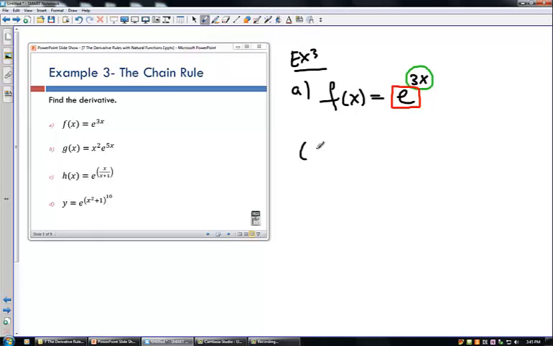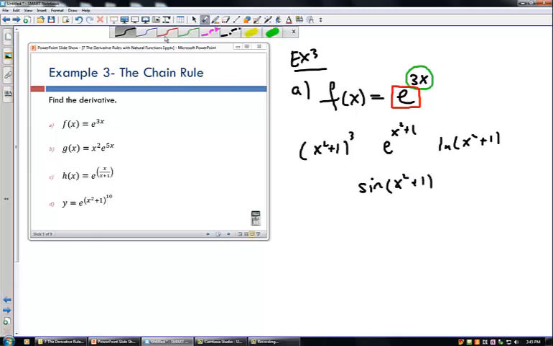So if you look here, let's do x squared plus 1 cubed. And then let's do e to the x squared plus 1. And let's do ln of x squared plus 1. And let's even do sine of x squared plus 1. So when you look at these, hopefully you see inside and outside functions.